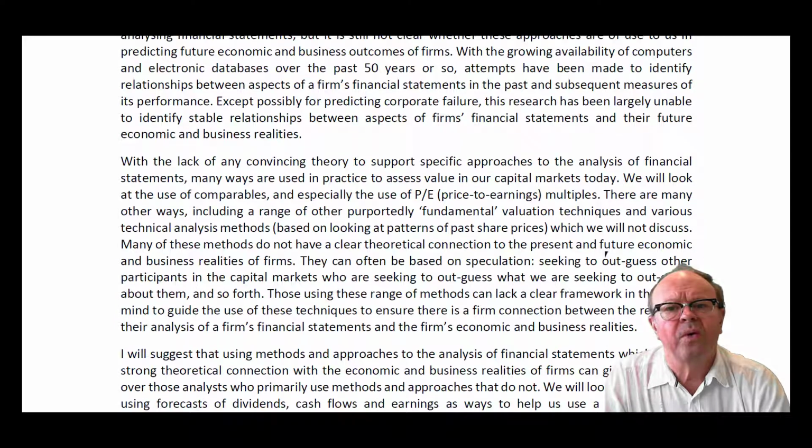With the growing availability of computers and electronic databases over the past 50 years or so, attempts have been made to identify relationships between aspects of a firm's financial statements in the past and subsequent measures of its performance.